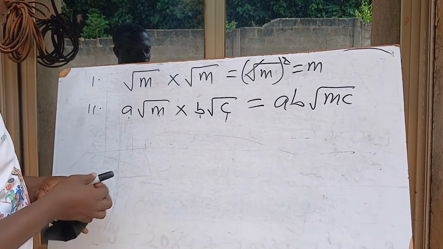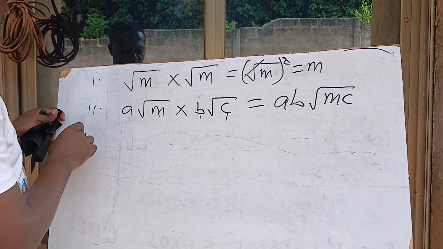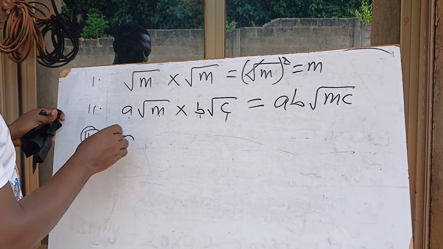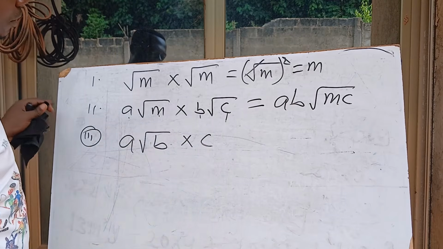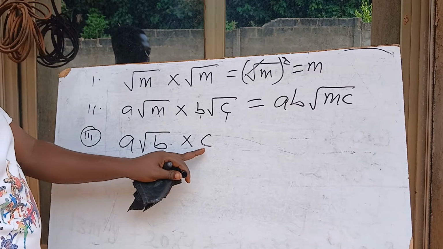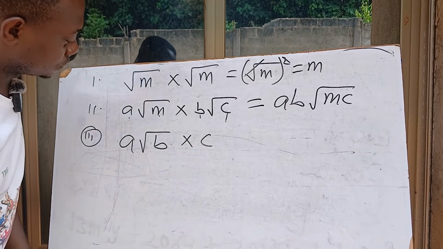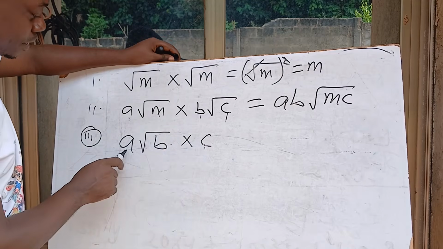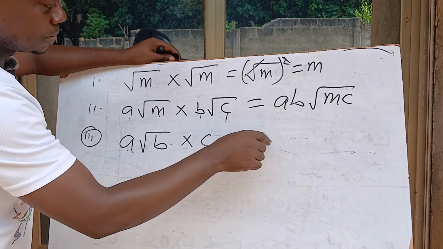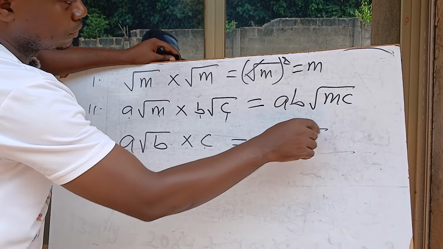Okay. Now, we can also recall this. So, A would be times C. So, this one is not having any square root. And in a situation like this, it will affect the one outside. So, that will be AC√B.